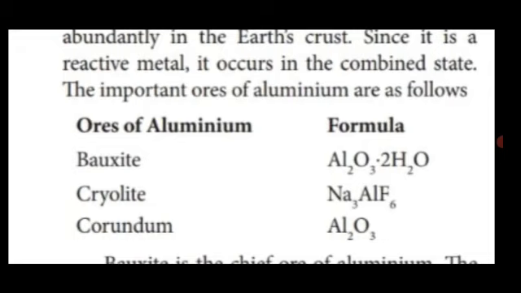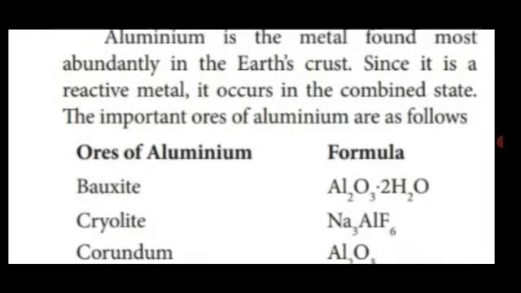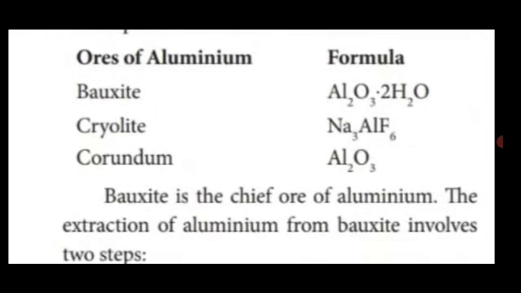Once again, recall the ores of aluminium. There are 3 ores of aluminium. First one, bauxite. Second one, cryolite. Third one, corundum. But among these 3 ores, the chief ore of aluminium is bauxite, because it profitably gives more aluminium.